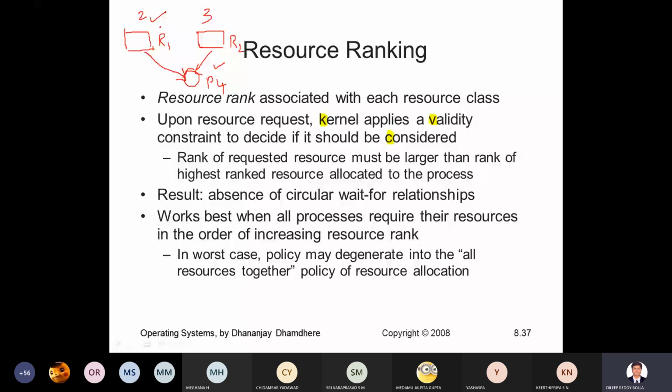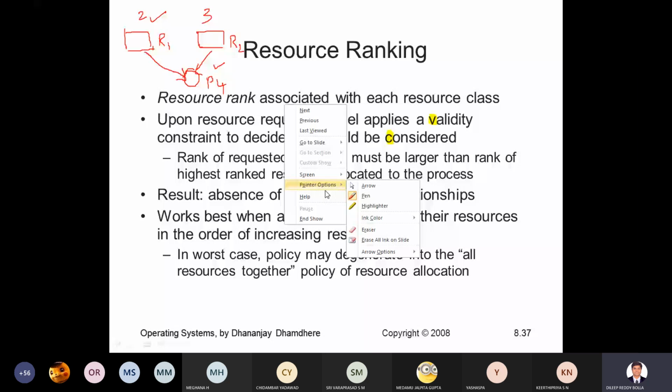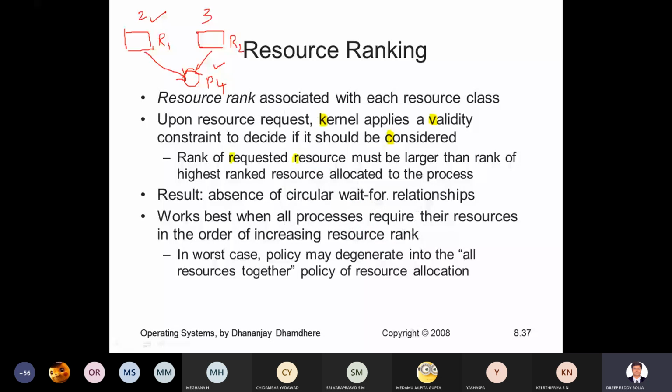So what is the condition here? The rank of the requested resource must be larger than the rank of the highest ranked resource. Based on this, if it has the better rank, then we can allocate this resource.